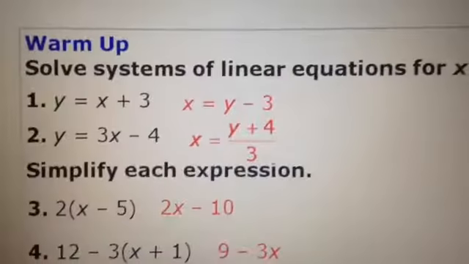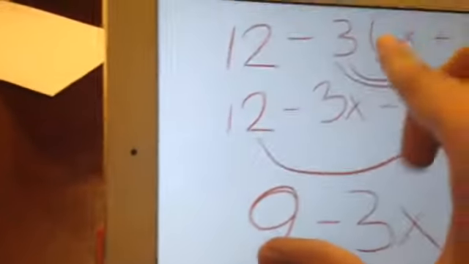So that was our lesson today, but I'd like to give you some tips. These are some helpful tips in algebra. These are like the main things you have to do in algebra.